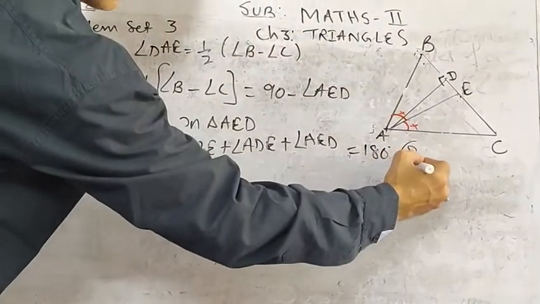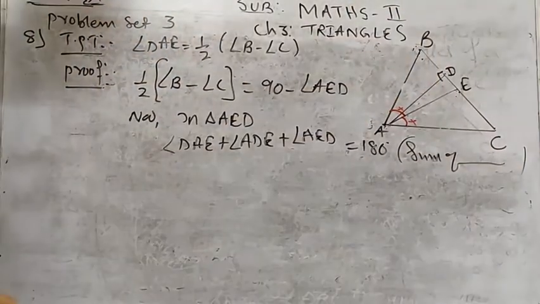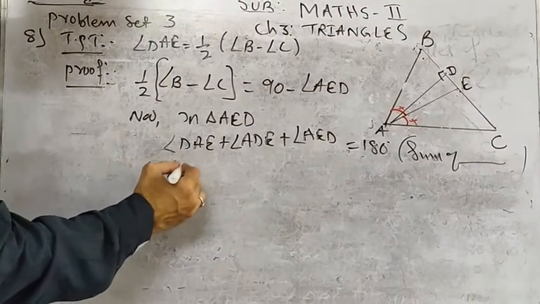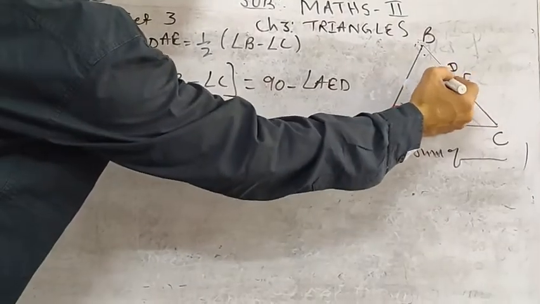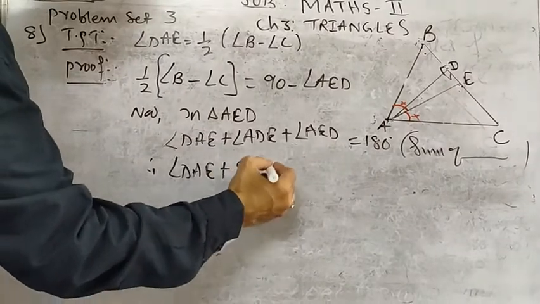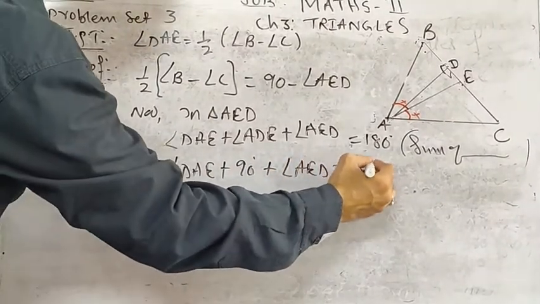Reason: sum of the measures of angles, the full reason you have to write. And therefore angle DAE plus ADE, this is 90, plus angle AED is equal to 180 degree.